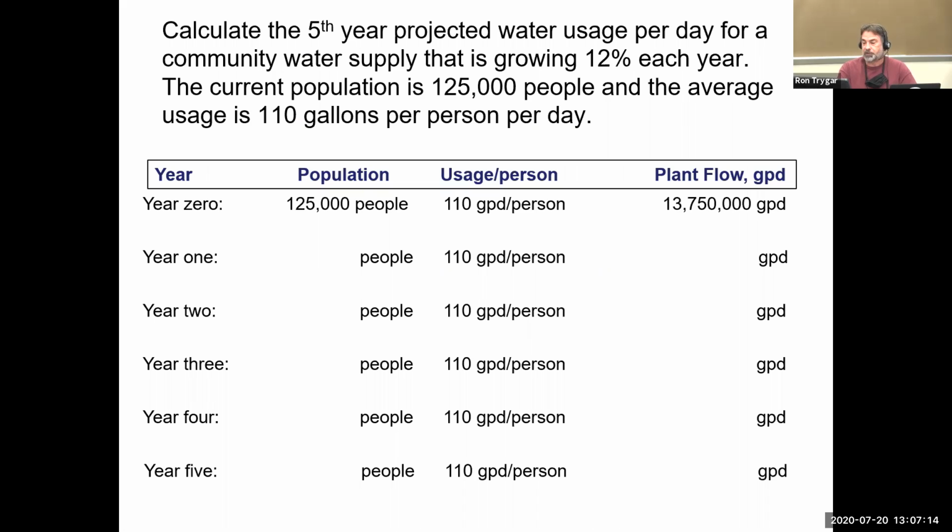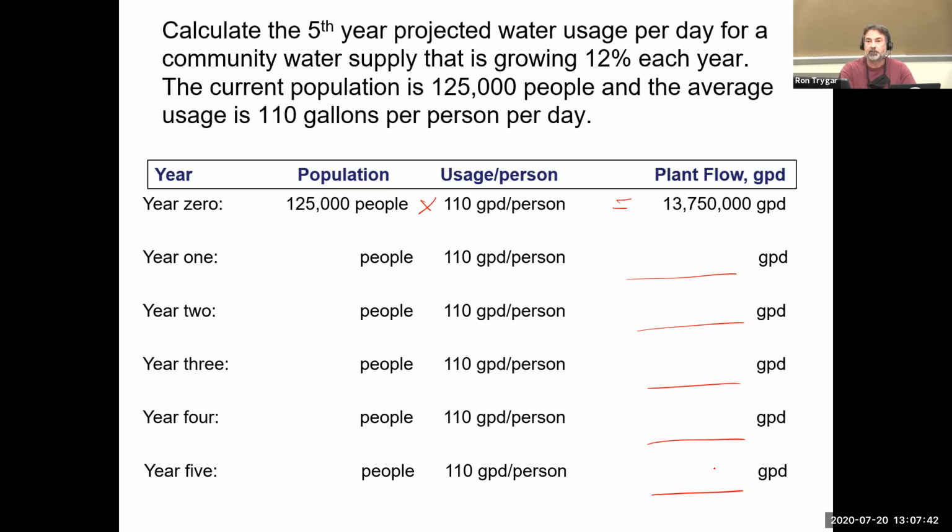So on the screen in front of you, you should see where it says year zero is 125,000 people times 110 gallons per person per day. So that comes out to be a current flow rate of 13,750,000 gallons per day.